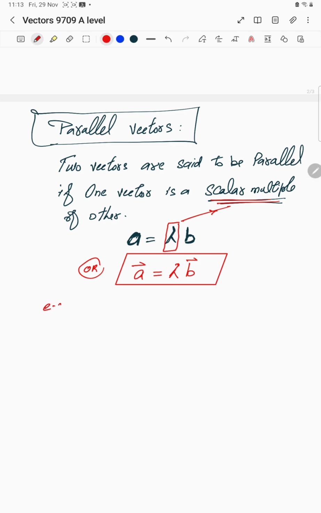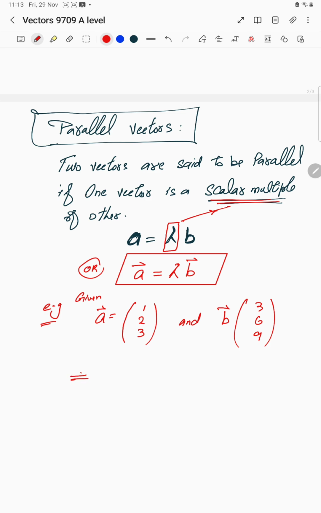We can take an example. Suppose you have a vector A given as 1, 2, 3 and vector B has coordinates 3, 6, 9. You can see here vector B can be written as a multiple.